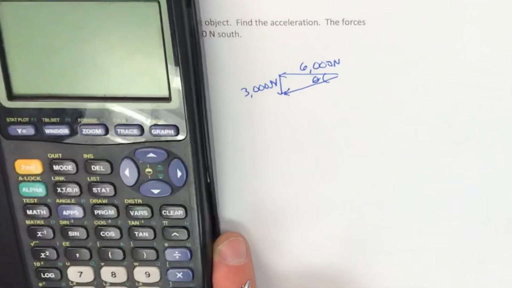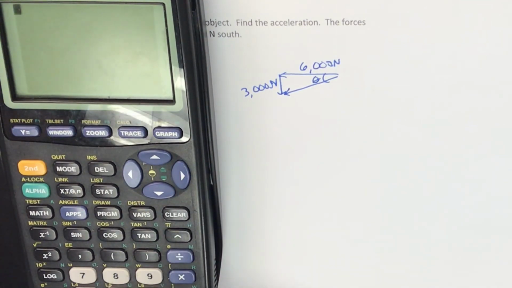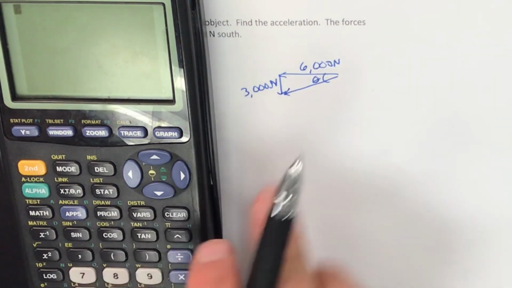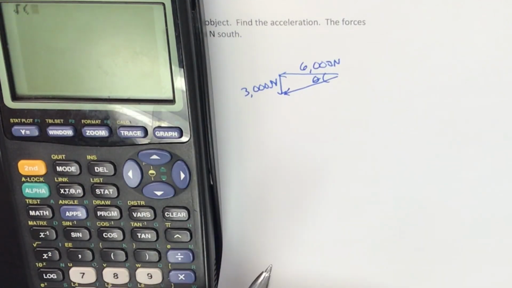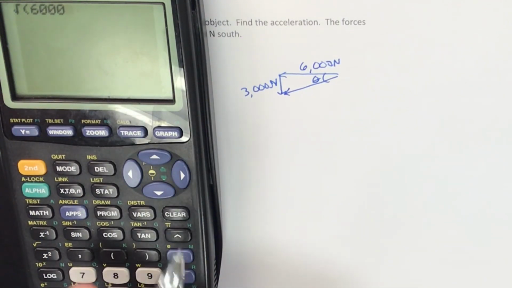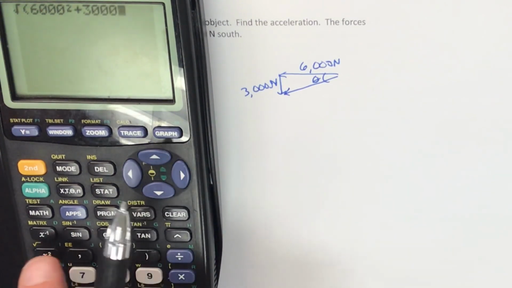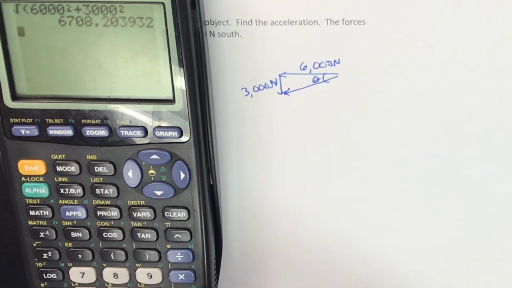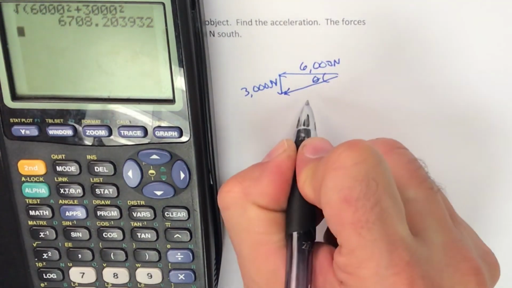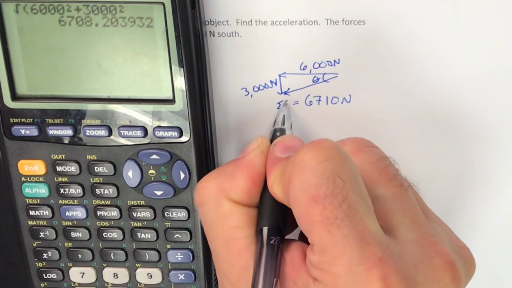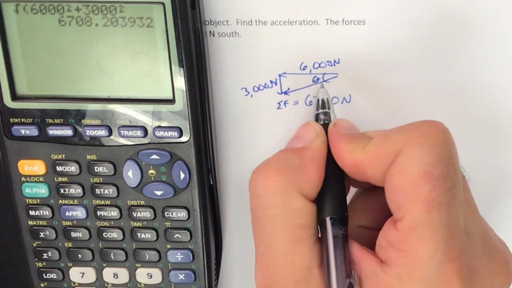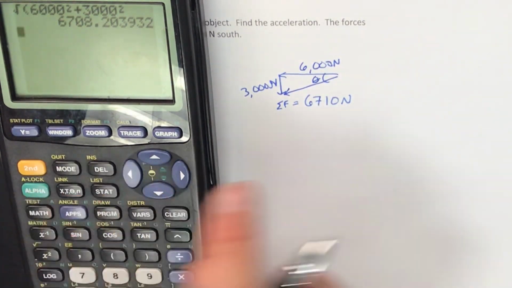All you have to do is take your little calculator and use the Pythagorean theorem, the square root of the quantity 6,000 squared plus 3,000 squared equals 6,710. So 6,710 newtons is the net force. And then that little angle in there, tangent.